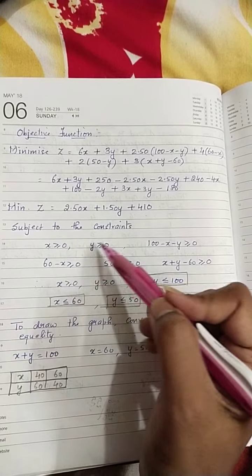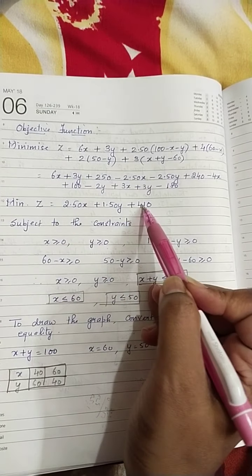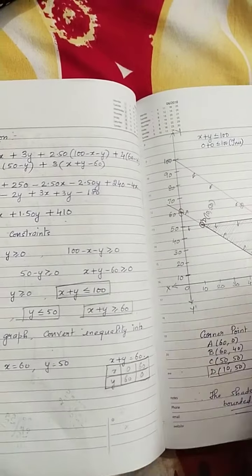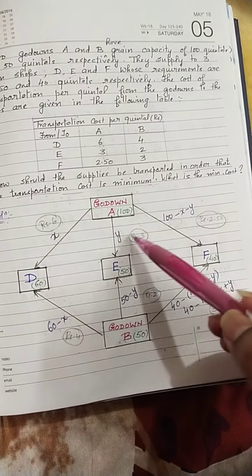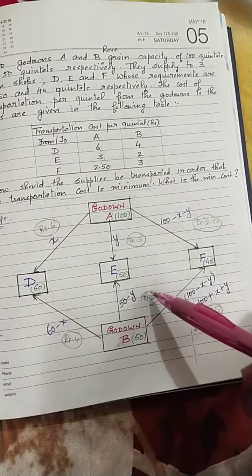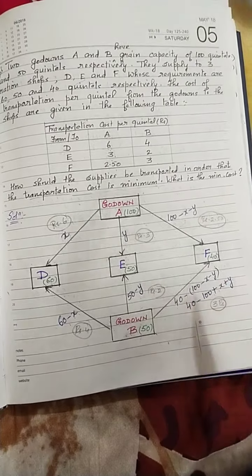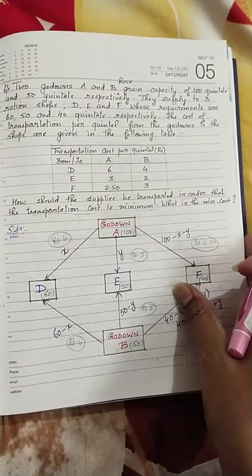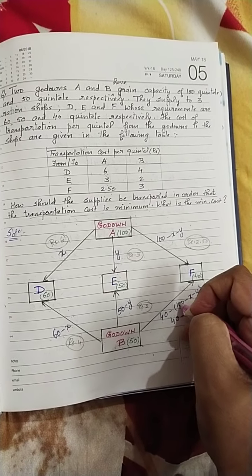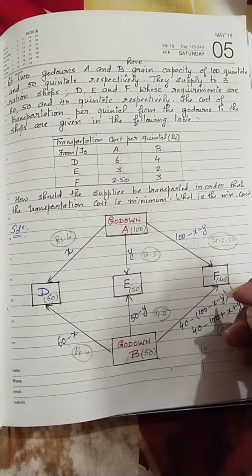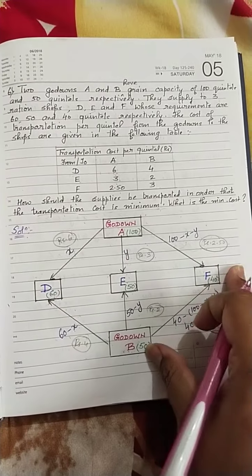Now this is the objective function you have got. Subject to the constraints, if you see, all these x, y, 60 minus x, 50 minus y are quintals, and quintals can never be negative. It will always be positive.